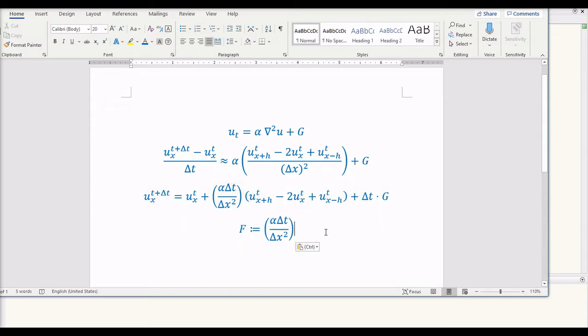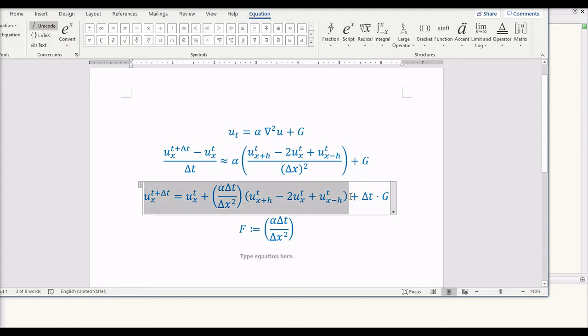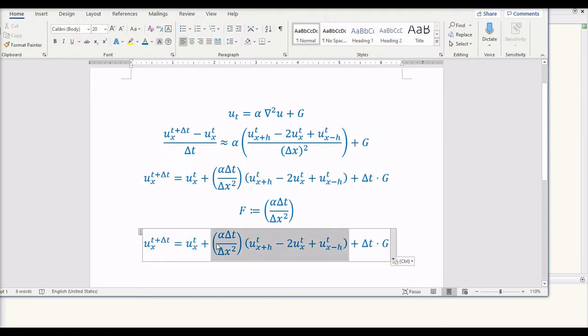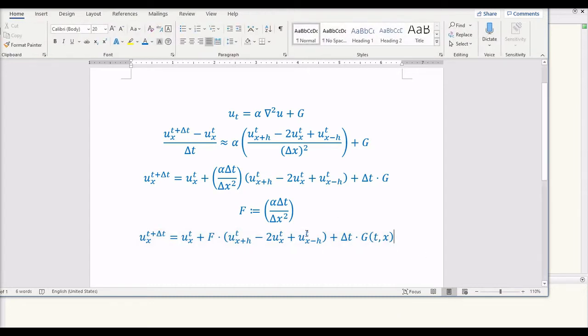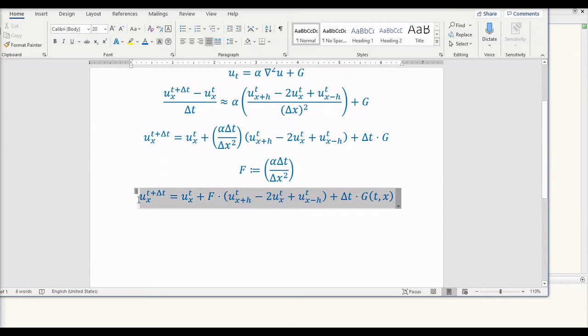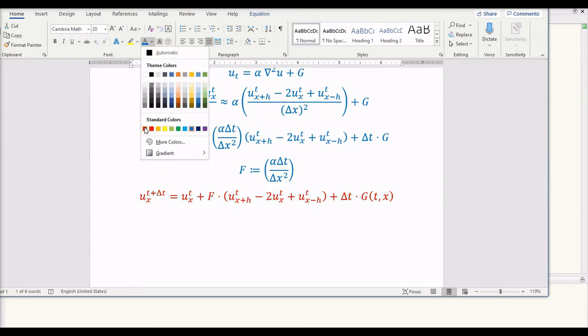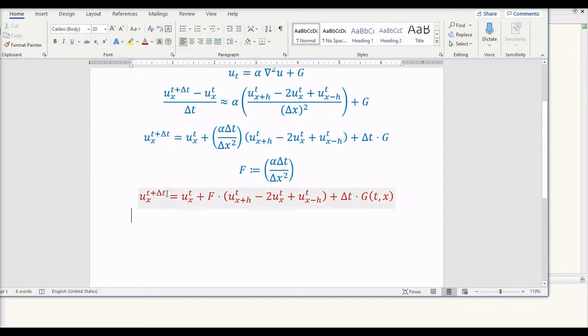But again, I'm not going to get into that. But I'm still going to define it as so. So this expression is going to be defined more simplistically as f times all this stuff. And keep in mind g is a function of t and x. So this expression here is my approximation for the diffusion equation for some arbitrary term at the end, g.